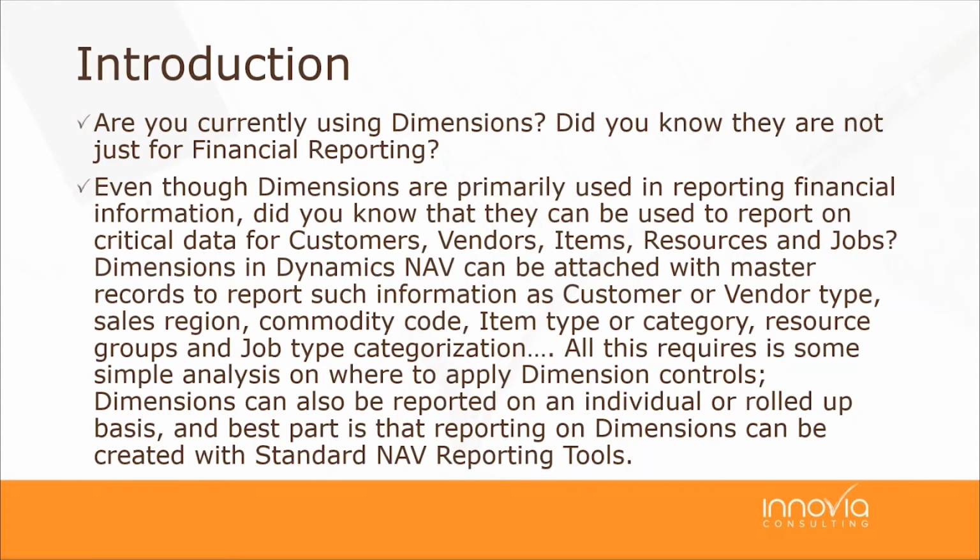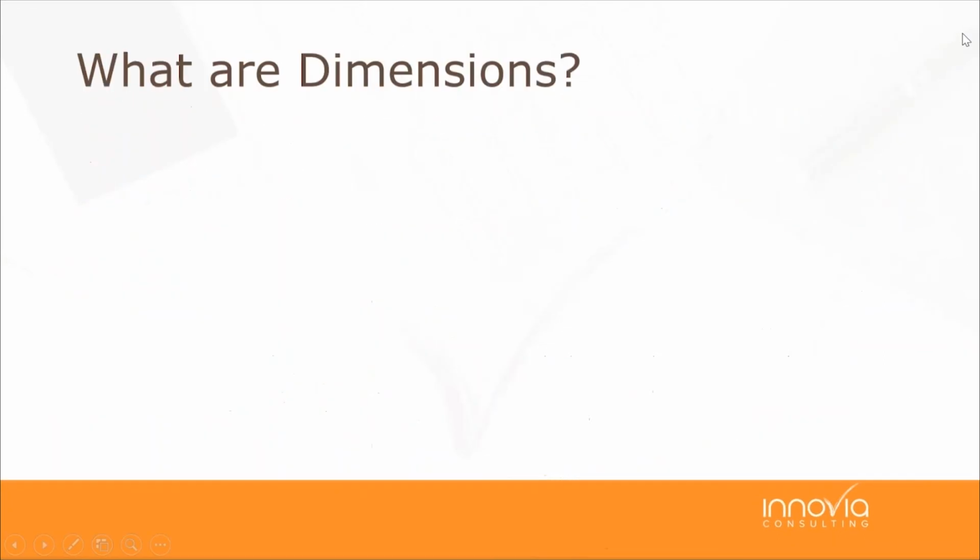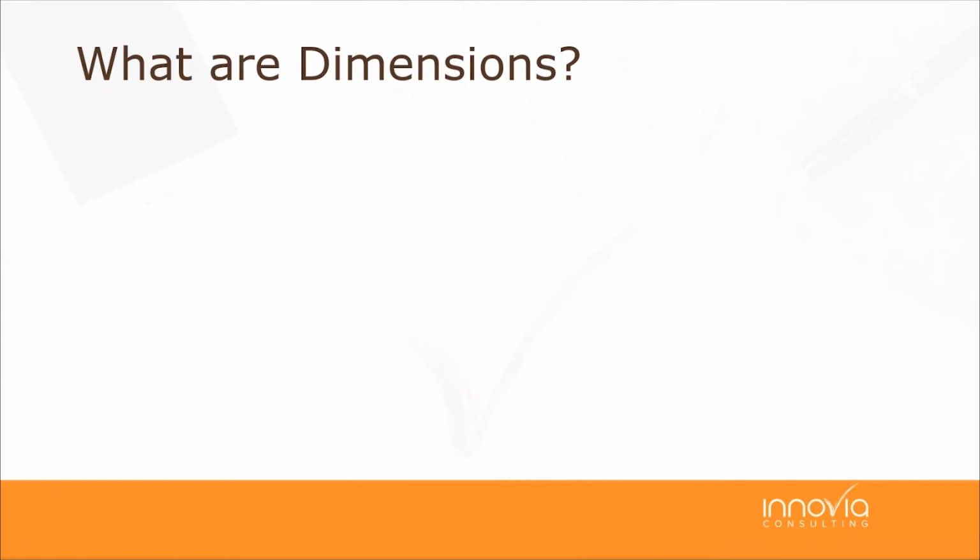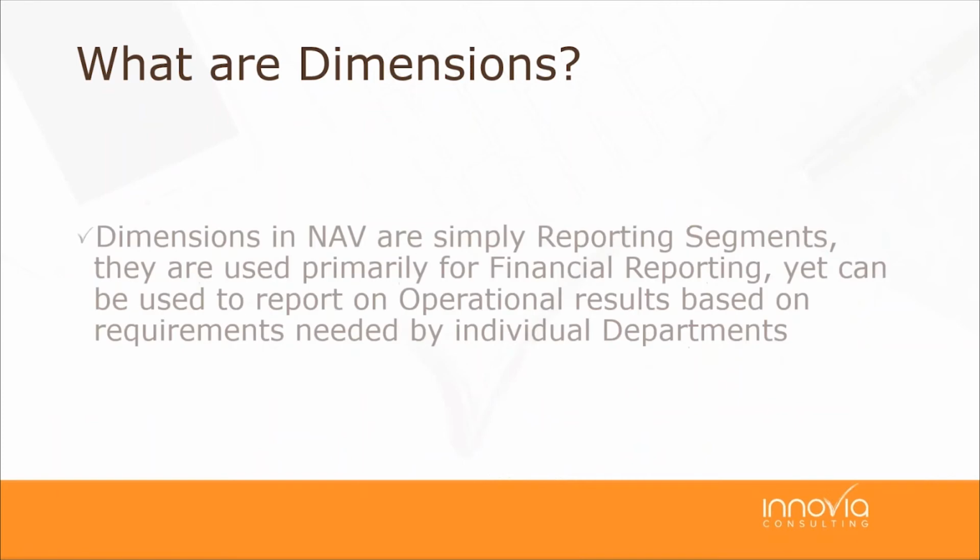This requires some simple analysis on where to apply dimension controls, and dimensions can be reported on an individual or rolled up basis. The best part is that reporting on dimensions can be created with standard NAV reporting tools. If you're using account schedules, analysis by dimension, or filtering in the general ledger, the capabilities are there to get the information with the normal tools.